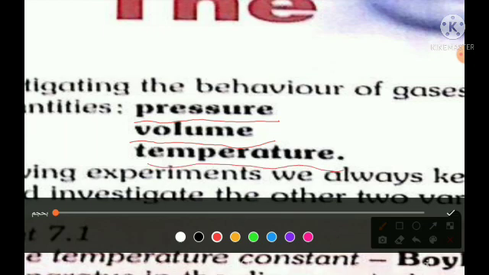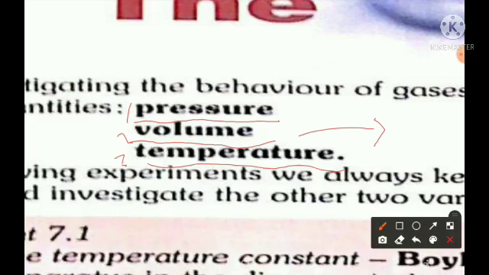These are the three things. Consider three varying quantities: 1, 2, 3. Okay, and we will speak about it more here in the lesson.